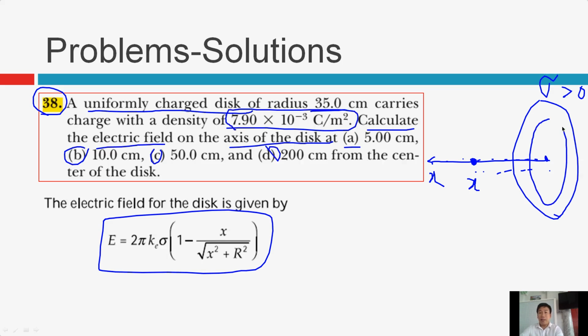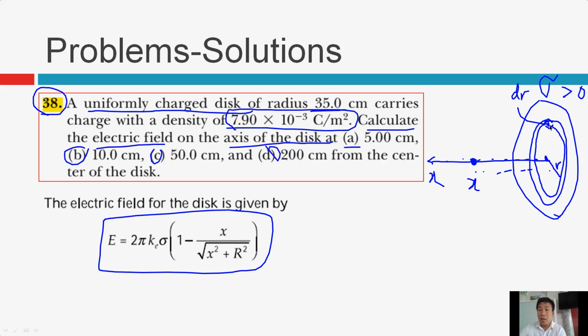The way to divide is, I will divide this into many rings. This ring has the thickness dr. I call it dr. And actually, the radius of the ring is r.